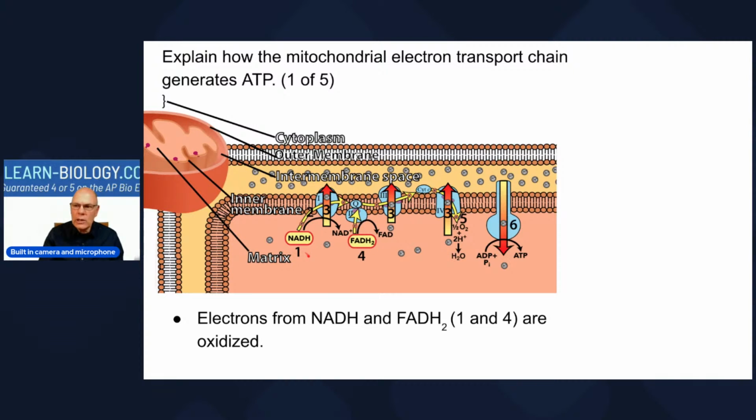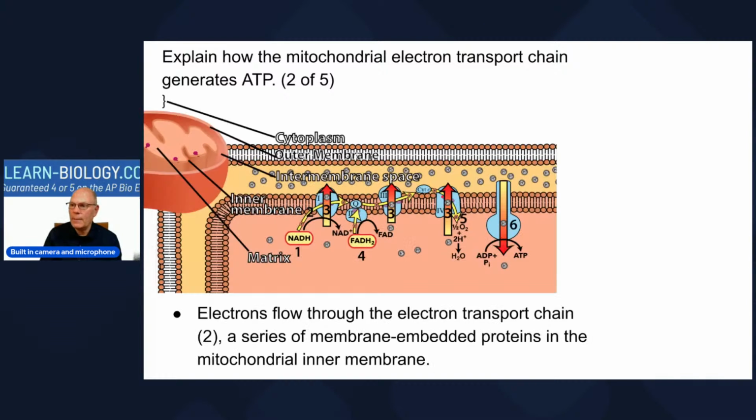So here, again, our charged batteries are highly reduced electron carriers, and we're oxidizing them so that we can bring electrons. That's what these little E's are. They might be a little hard to see on your screen, but these are little E's. And those are going to flow along this yellow arrow, and that yellow arrow represents the electron transport chain.